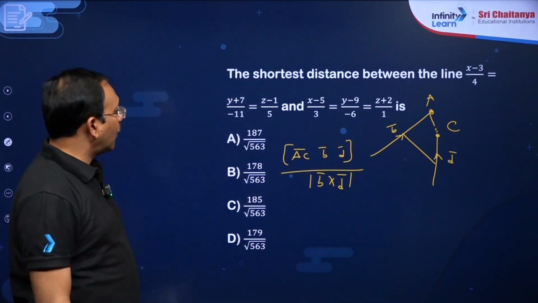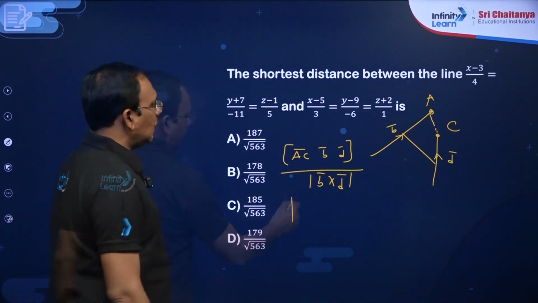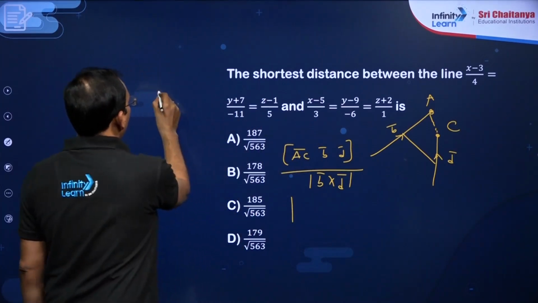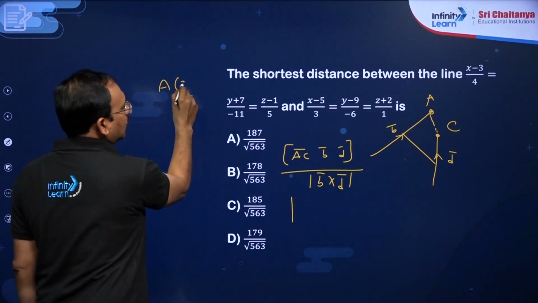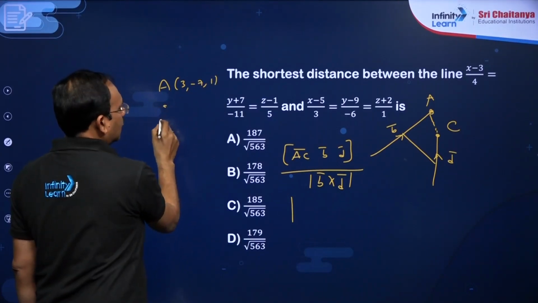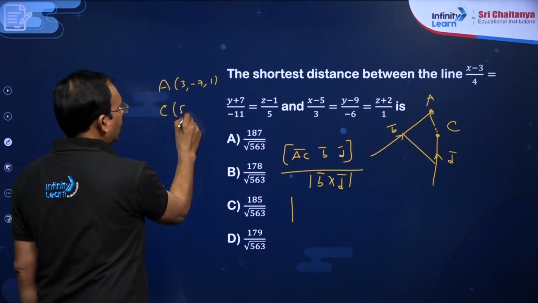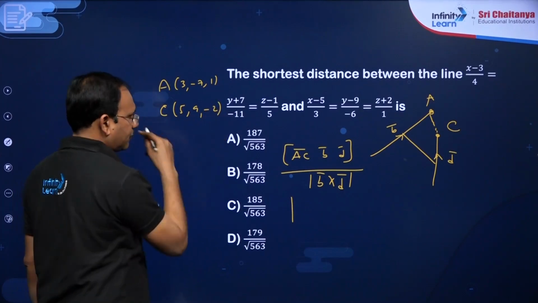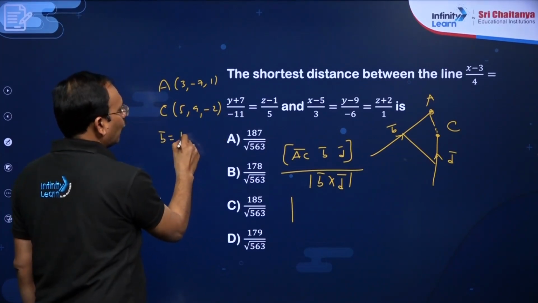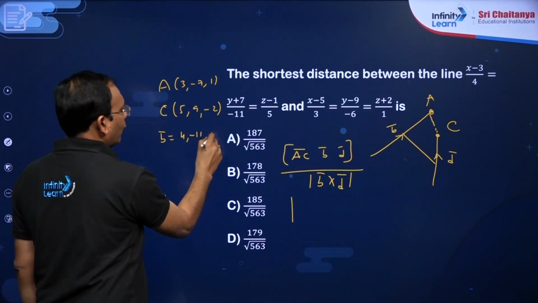Okay, right. Now, so what is AC bar? AC bar in the sense, what is the point on the first line? Point A is 3 minus 7 1 and C is 5 9 minus 2. B bar is nothing but, you see, 4 minus 11 5.